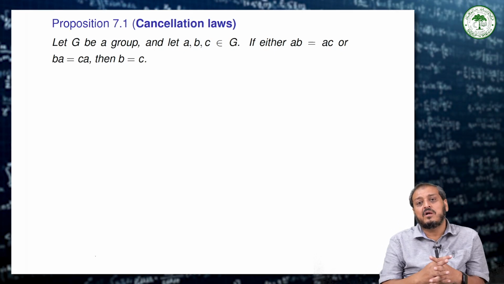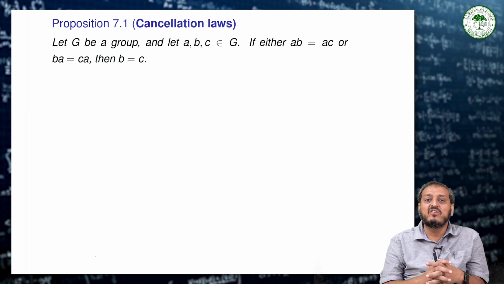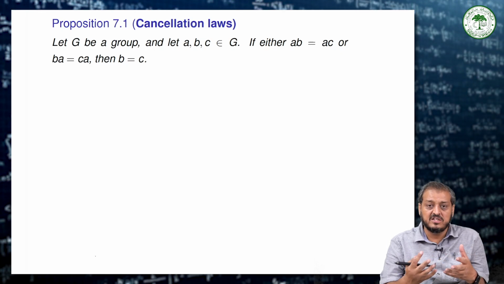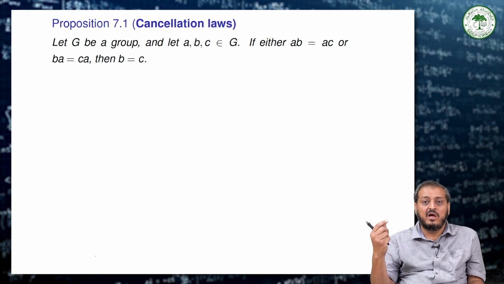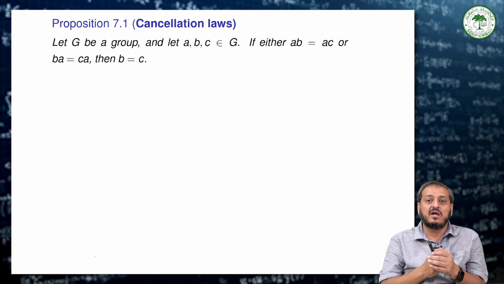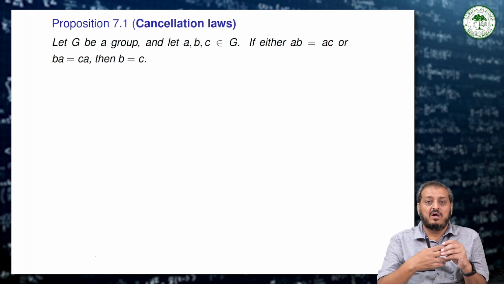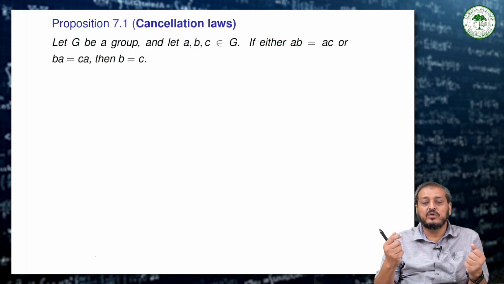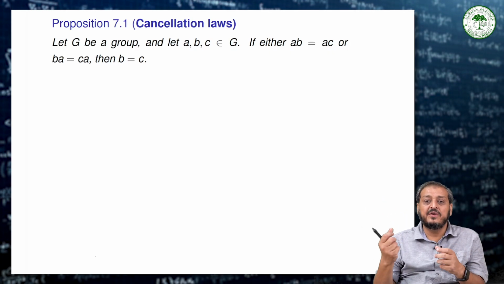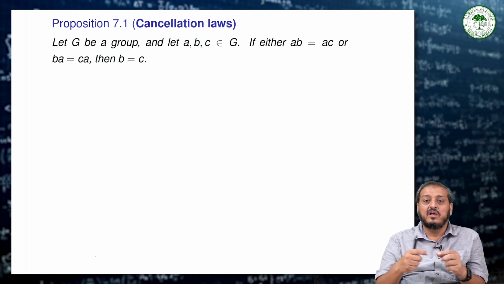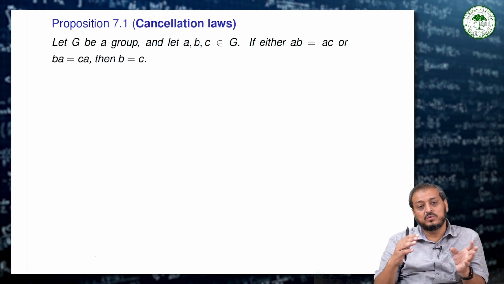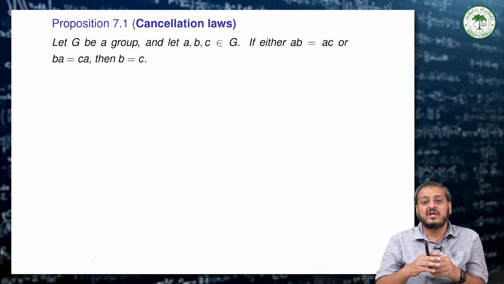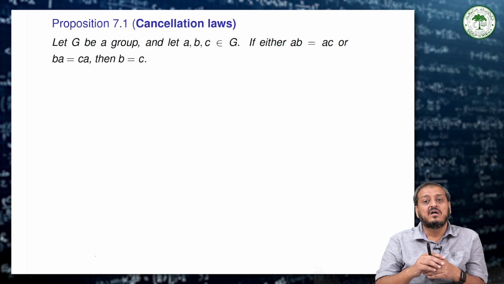Next, the properties of a group are very important. We use the cancellation law many times. In a group, the cancellation law holds. The cancellation law says that if G is a group with a binary operation, whatever binary operation we are using, and A, B, C are elements of G, if AB is equal to AC or BA is equal to CA, then B and C are the same.